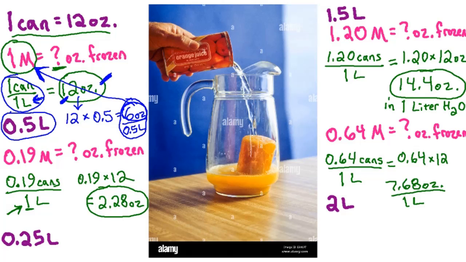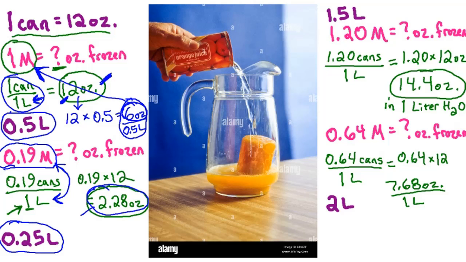Now down here we had a molarity of 0.19, and we worked that out to be 2.28 ounces of frozen orange juice concentrate in 1 liter of water, because molarity is all about in 1 liter of water. But what if we didn't make a whole liter, put a whole liter of water in there? How much frozen orange juice concentrate would we actually use if we were only making 0.25 liters of orange juice?